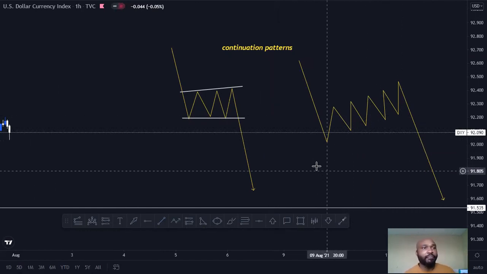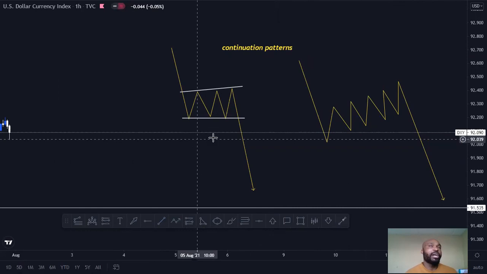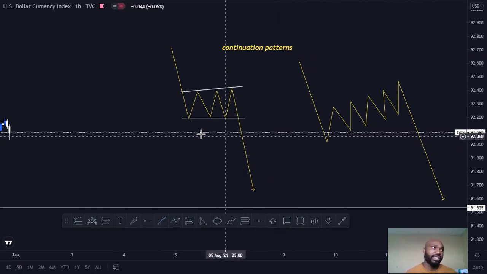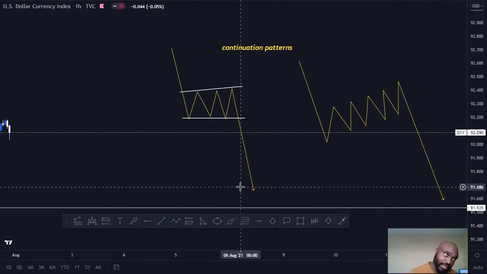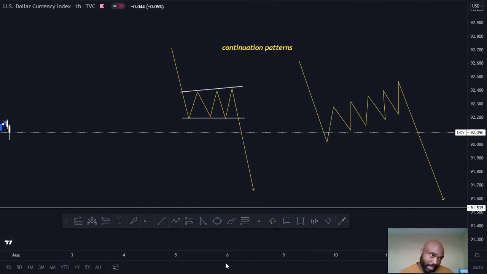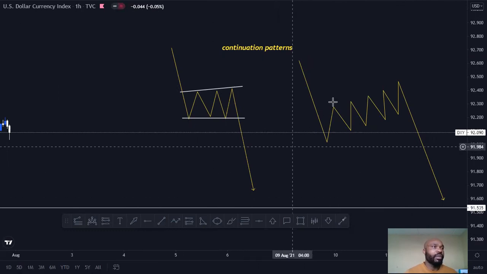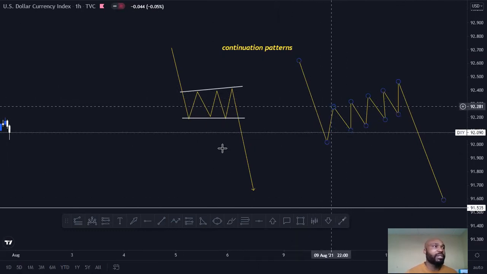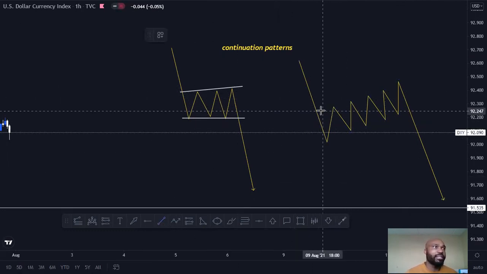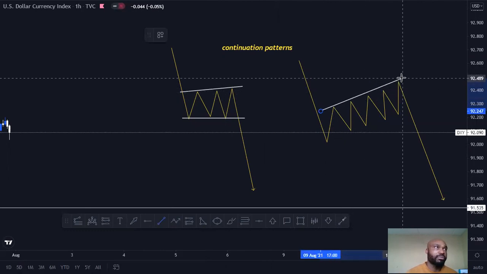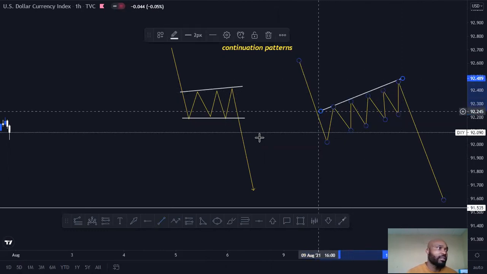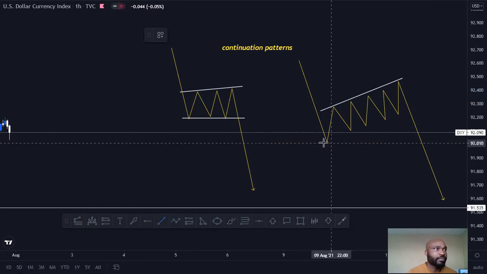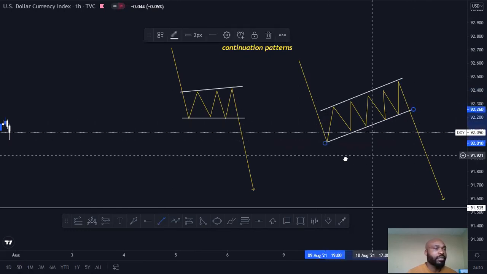So after a bearish impulse move to the downside, you're looking for a correction, and then you enter in a continuation. So these are just the two types of continuation patterns that I'm looking at right now. I'll try to be very quick so we don't spend so much time on just two patterns when we're supposed to look at other patterns as well.